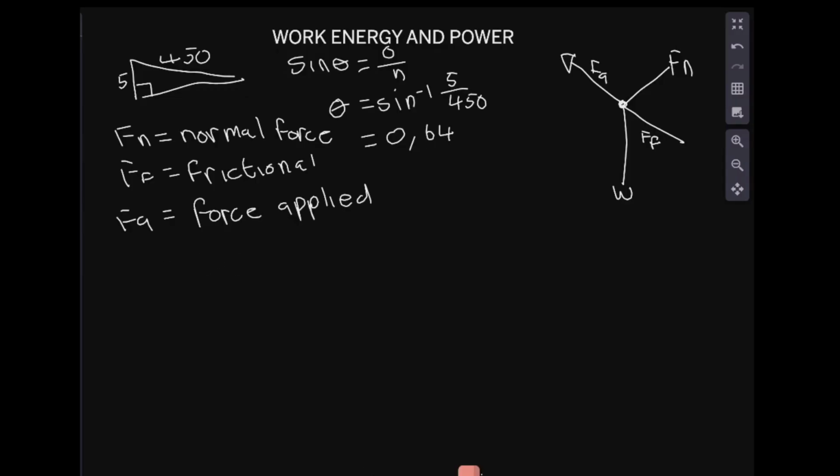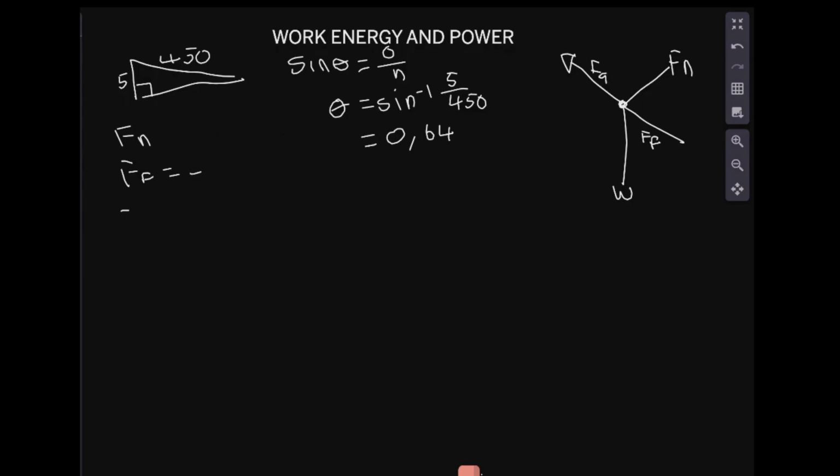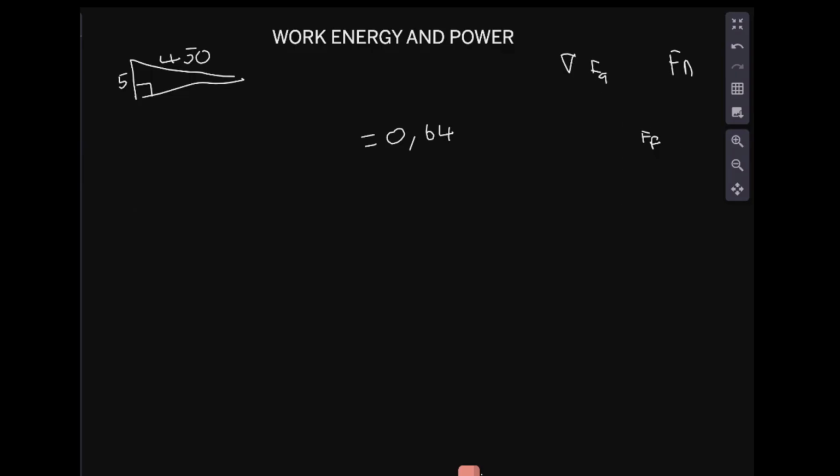Let's get rid of this, and this, and this, and this as well. Okay, I think it's best if, okay, we know theta is 0.64. Okay, what else do we know?